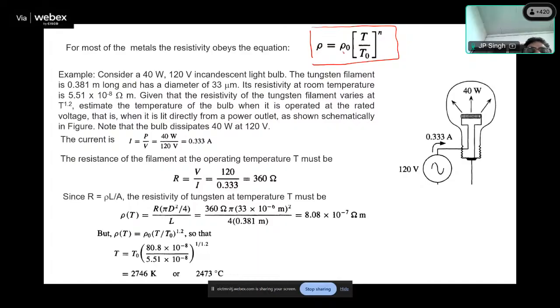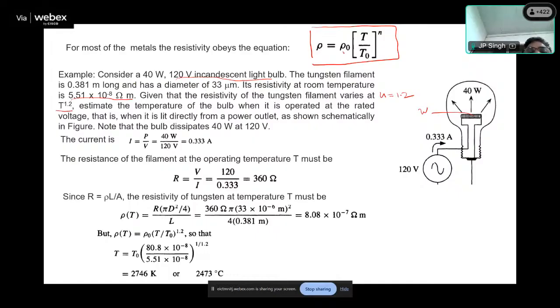In this example, suppose we have a 40-watt bulb working at 120 volt, with a tungsten filament. The length and diameter of the filament are given, and its resistivity is given, and we say that it varies with T to the 1.2. It means my n is 1.2 here, and we need to figure out the temperature of the bulb when it is operated at rated voltage.